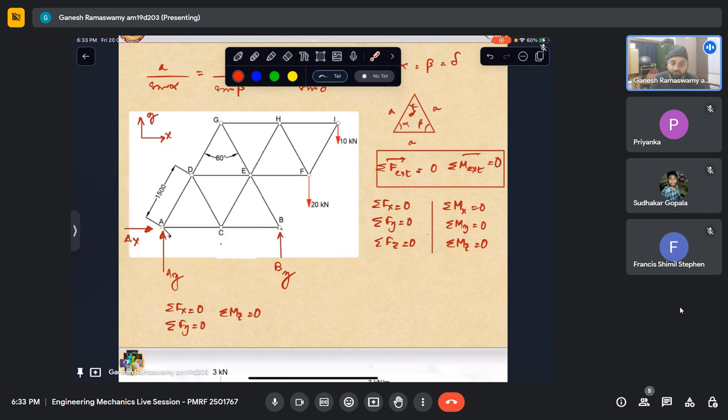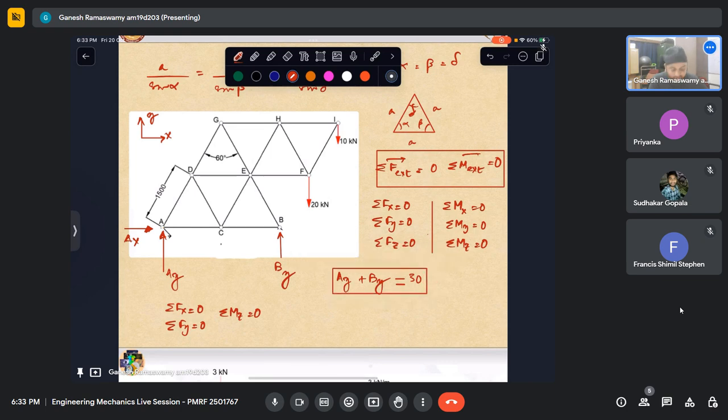Sigma Fy equaling 0 will give us the summation of all the forces along y. So what does that give us? Ay plus By, because this is pointing in the positive y direction. Similarly, 20 and 10 would be negative. So it will be minus 30 equaling 0, or this would be equal to 30. So this gives us another equation.